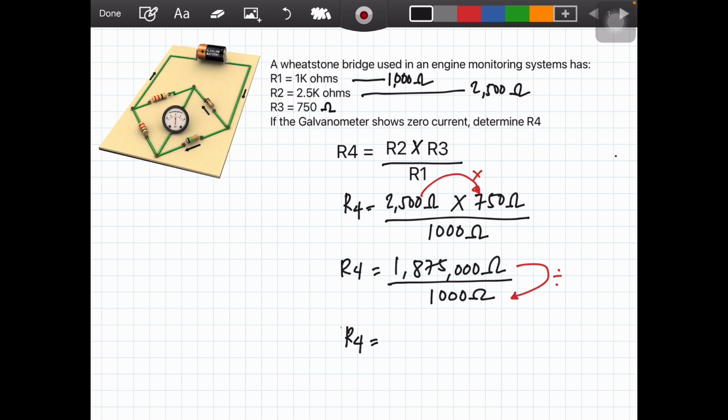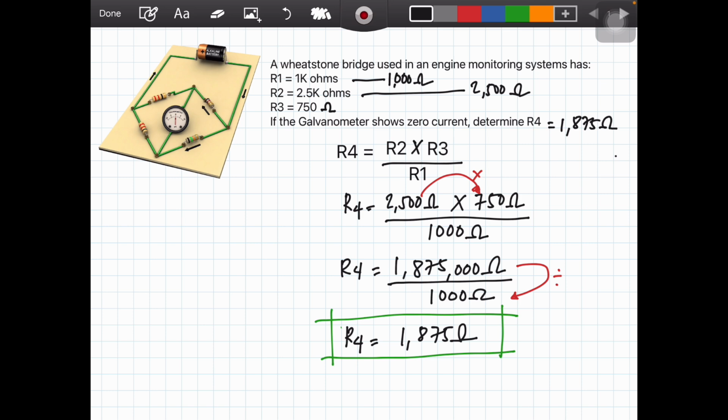R4 is equal to 1,875 ohms. Now we have R4. Meron na tayo R4, right? So we can compute now if the Wheatstone Bridge is really balanced, because we now have an R4 value of 1,875 ohms.